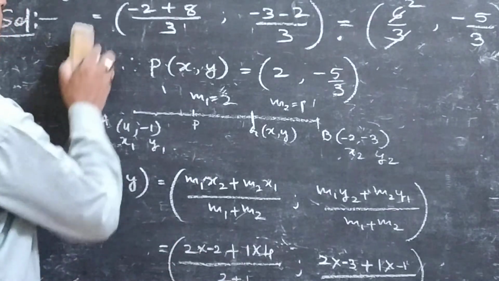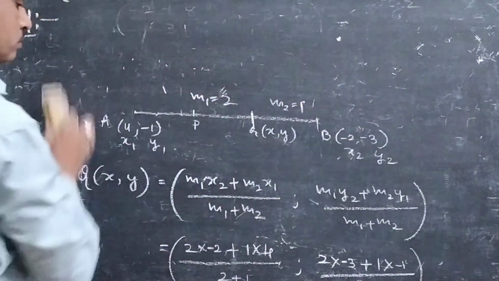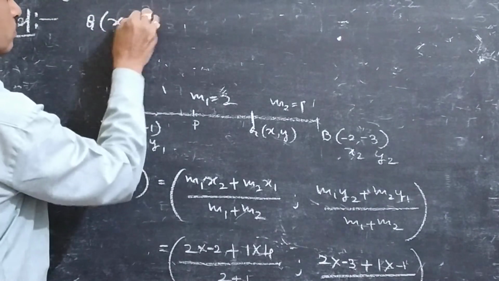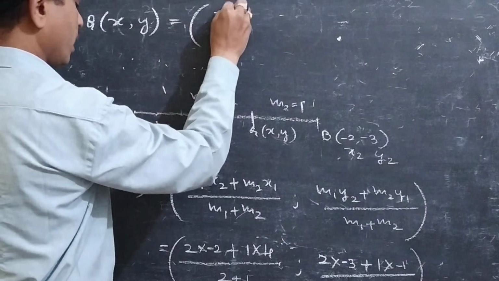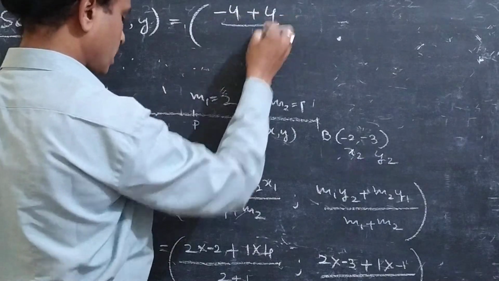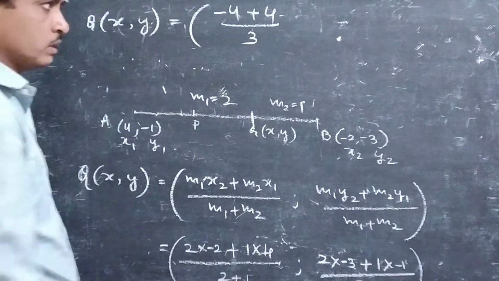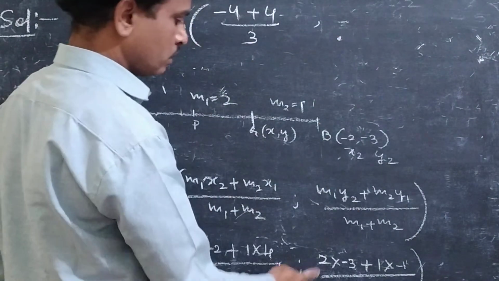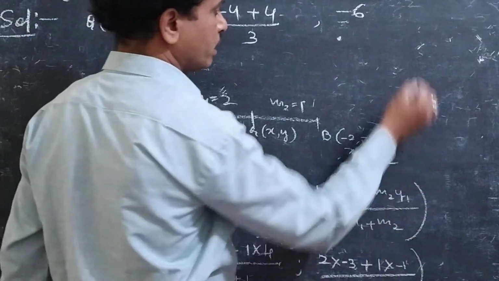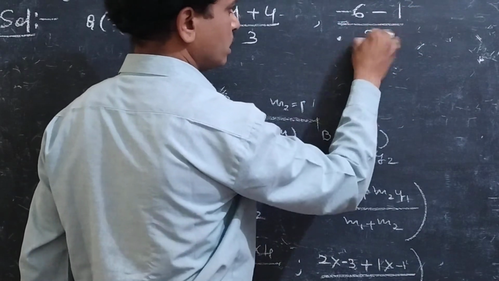Then we multiply. 2 twos are 4, that is -4, plus 1 into 4 is 4, divided by 2 plus 1 is 3. Next, 2 threes are 6, minus is there, so -6, plus into minus, -1 into 1 is 1, divided by 3.